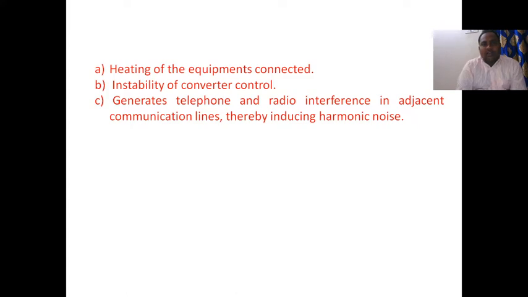Corona is the ionization of air surrounding the conductor. The intensified ionized particles concentrated near the surface of the conductor cause corona loss. Corona loss characteristics are violet glow, hissing noise, and production of ozone gas. These are the three characteristics of corona.